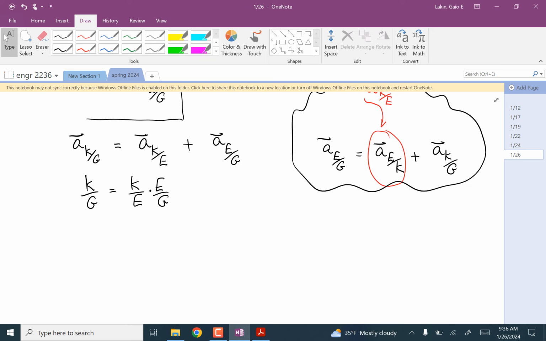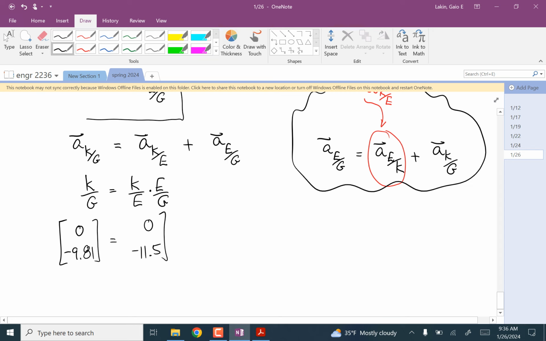Okay, so now we have 0, negative 9.81 is equal to 0, negative 11.5 plus the thing we're trying to calculate.